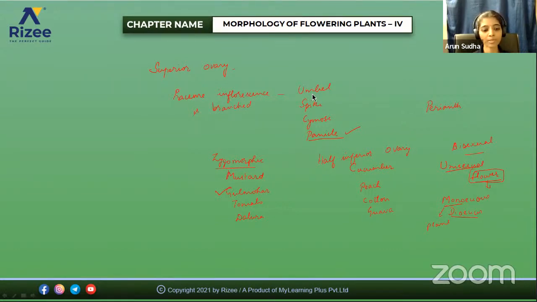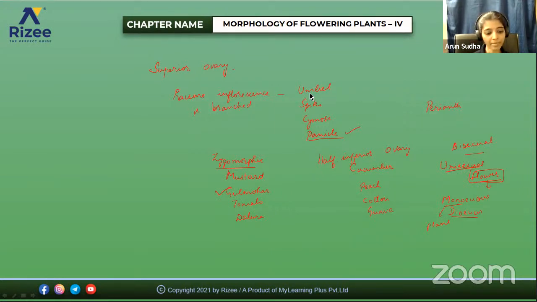The next question. The four whorls of a flower are arranged on the thalamus, petiole, corolla, or stamens. Yes, the thalamus, correct.